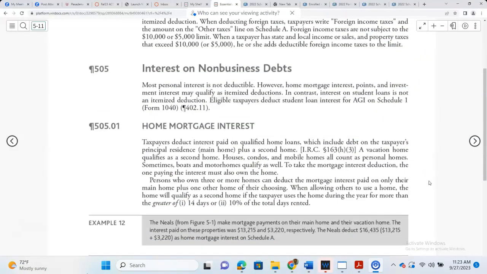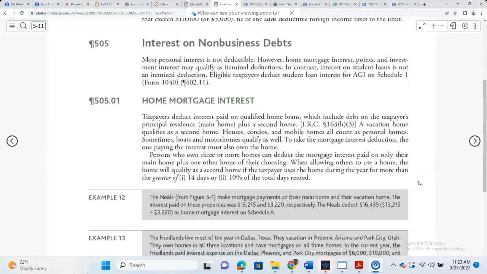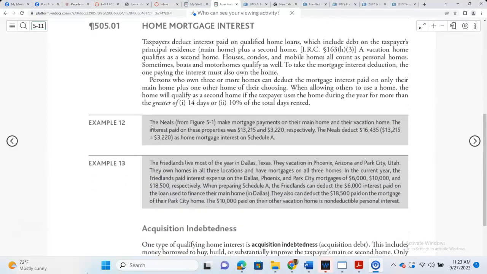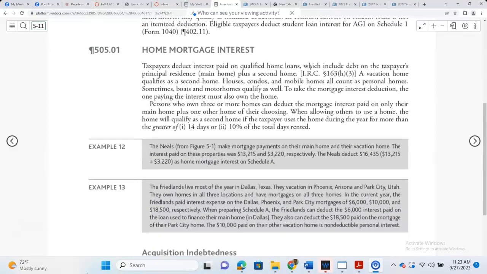Home mortgage interest, let's read it. All of them are good. So a taxpayer deducts interest paid on qualified home loans, which includes debt on the taxpayer's principal residence, like the main home, plus a second home. Okay?